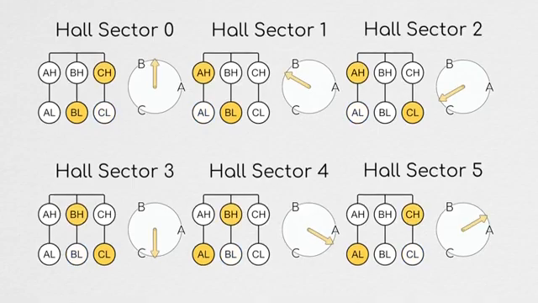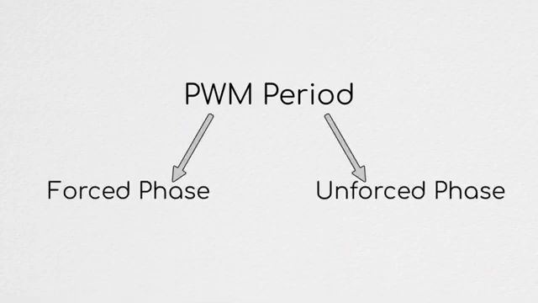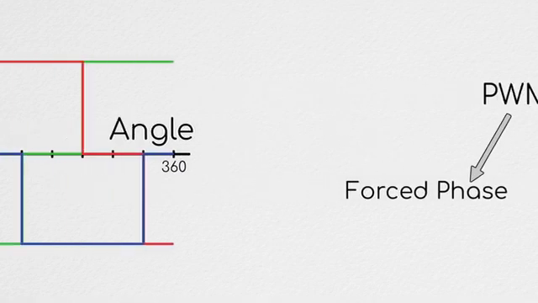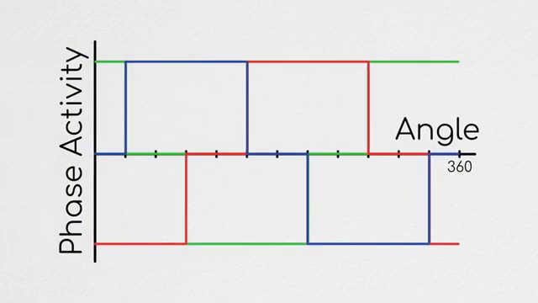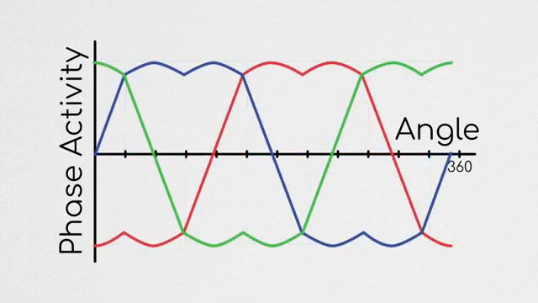Just like our earlier commutation scheme, with space vector modulation, our PWM periods will be divided into a forced and an unforced phase. Unlike with block commutation, however, where one of our motor phases is always left floating, that is to say, neither connected to high nor to ground, during space vector modulation, we constantly want all 3 of our phases connected to either high voltage or to ground.